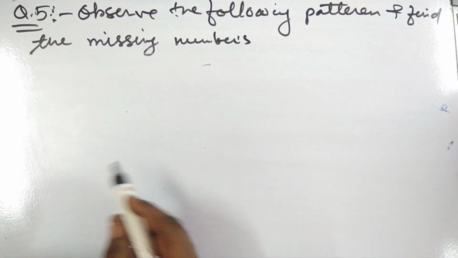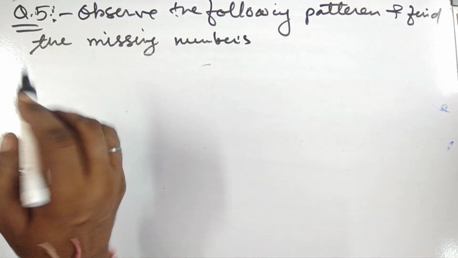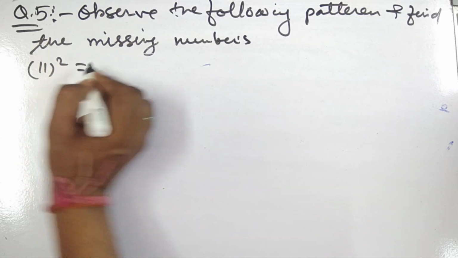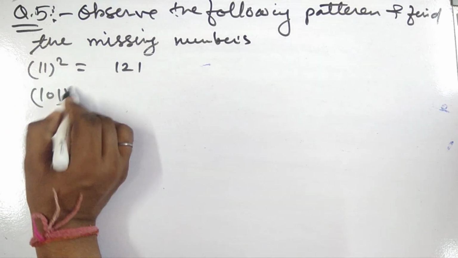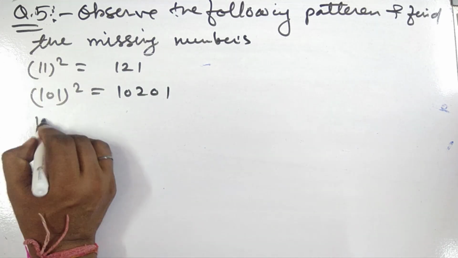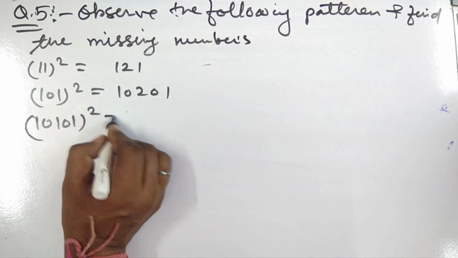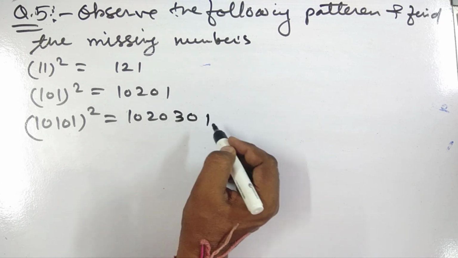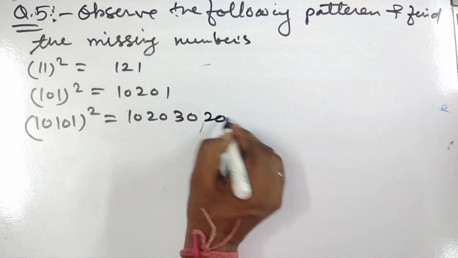Question number 5th one. Observe the following pattern and fill the missing numbers. 11 square is equal to 121. 101 whole square is equal to 10201. 10101 whole square is equal to 1020301, then in decreasing order 201.